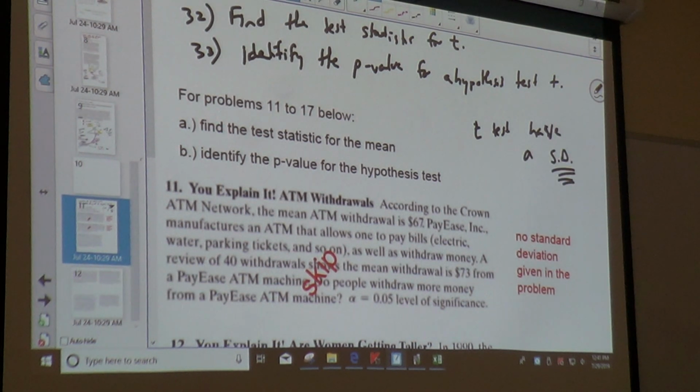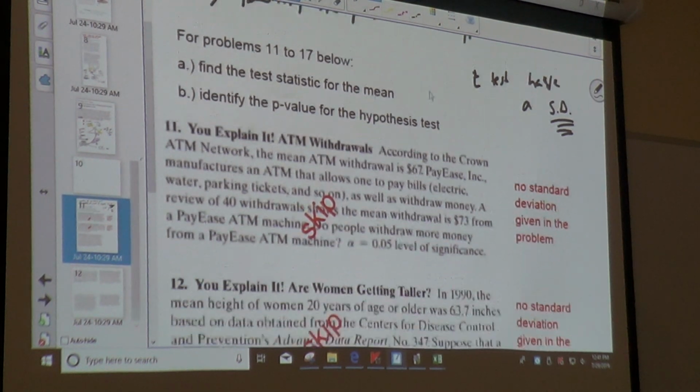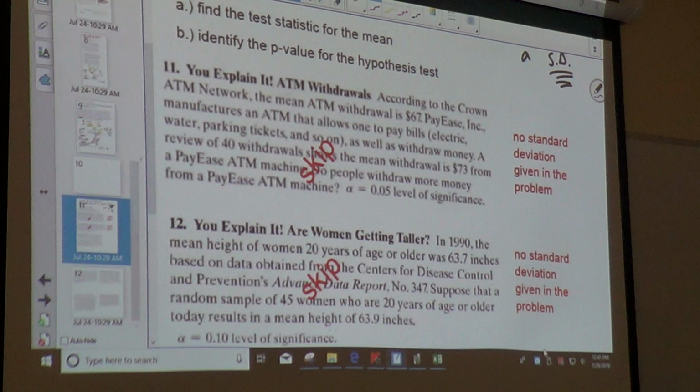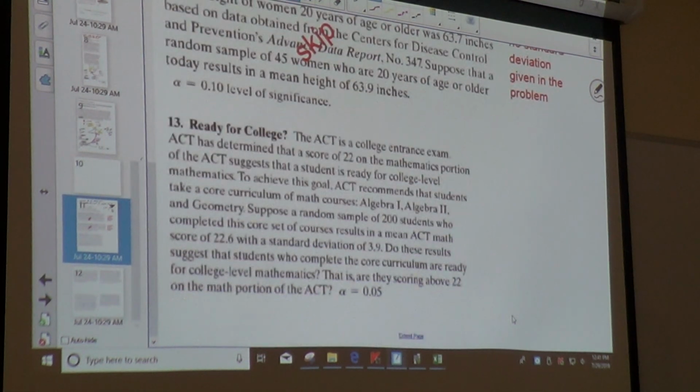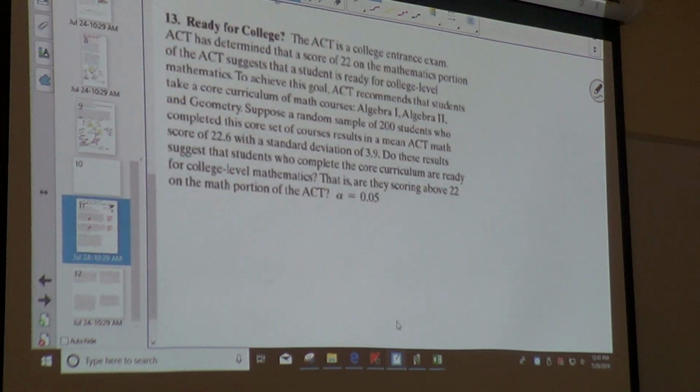So you know that it's going to be a t-test if it has a standard deviation. The z-test that we just did does not have a standard deviation, but the t-test has a standard deviation. So these two had no standard deviation, so we're not going to use those. We're going to come down and I'll do a couple of these so we can practice.